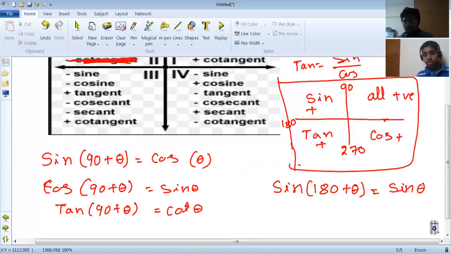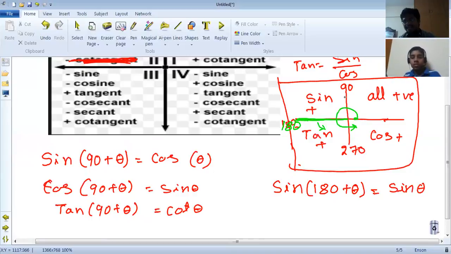See, it is easy. Let me tell you one more time. This line is 180. The angle always starts from here and goes like this. If you are adding 180 plus something, you will get here, so it is the third quadrant.